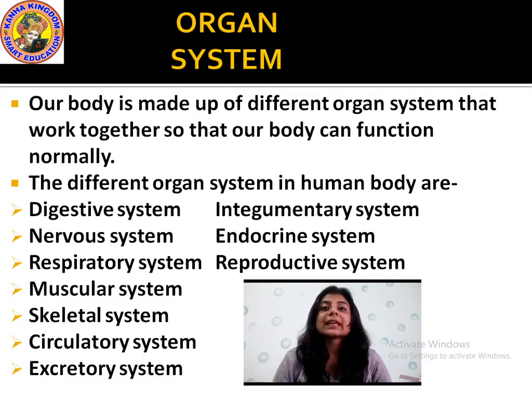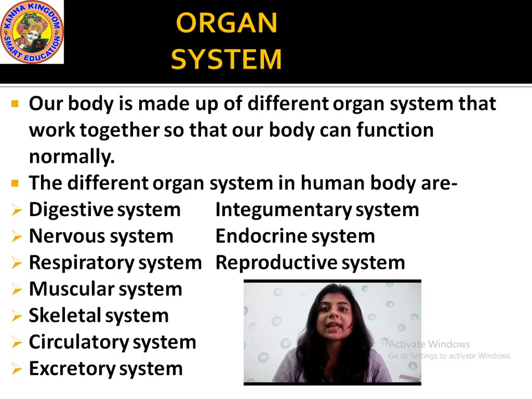Then the respiratory system, the organs and the process of breathing, from the nose to the lungs. How we breathe, how the breathing process is performed inside the body, everything is controlled by this respiratory system.